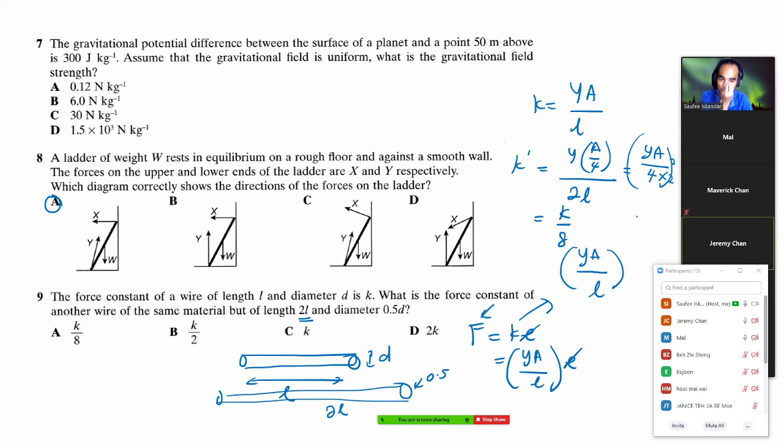So you have 1 over 2, sorry, 1 over 2, so there you have 4. Okay, so K divided by 8.